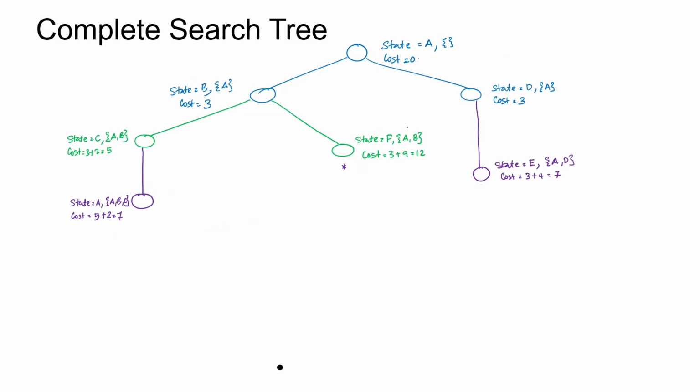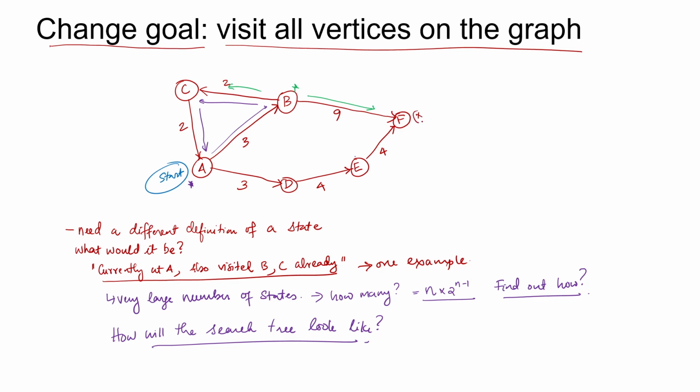Okay. So, now from E you are going to F, state equal to F, the A, D and E you already completed. Okay. Cost is equal to 7 plus 4, which is equal to 11. And then after this you cannot go anywhere, because when you reach F there is no option in front of you. Okay. There is nothing to go beyond that.